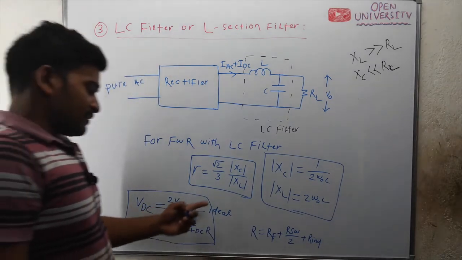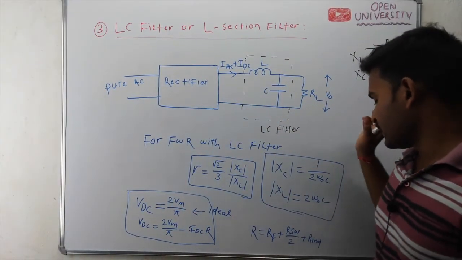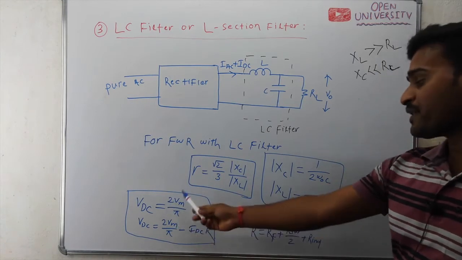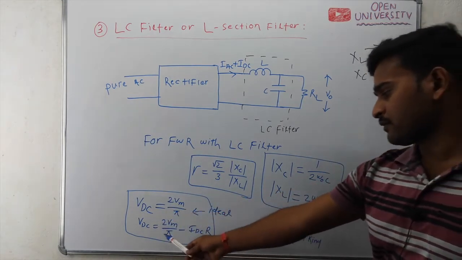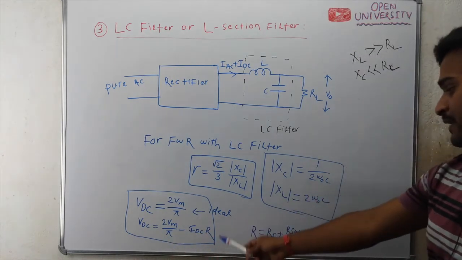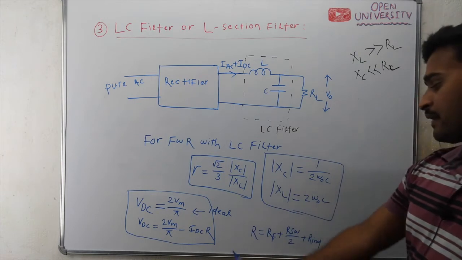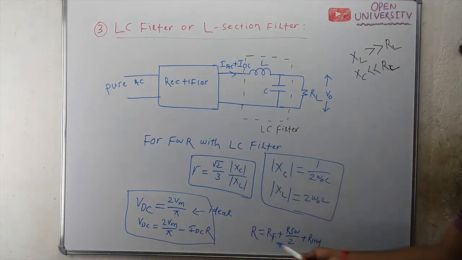This is when diodes are ideal, meaning when diodes, secondary winding and inductor are all ideal, the DC output voltage formula is 2 Vm by pi. And when diodes are not ideal, the secondary winding is not ideal and your inductor is not ideal, then you can use this formula, where R is RF plus RSW by 2 plus R of inductor.